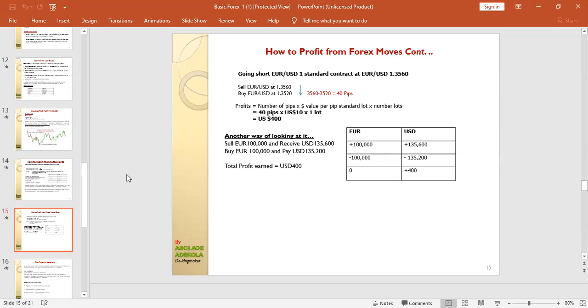It is just the opposite direction of what we treated yesterday, because we treated buy yesterday, and today is the sell aspect of it. Now, how do you calculate your profit? Remember, our explanation we've been making is all about one standard lot.